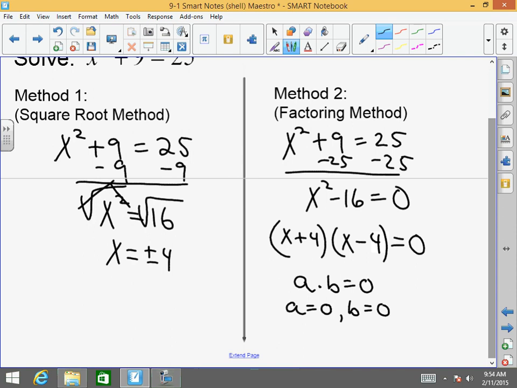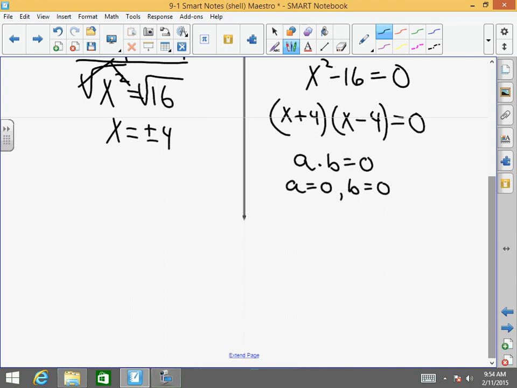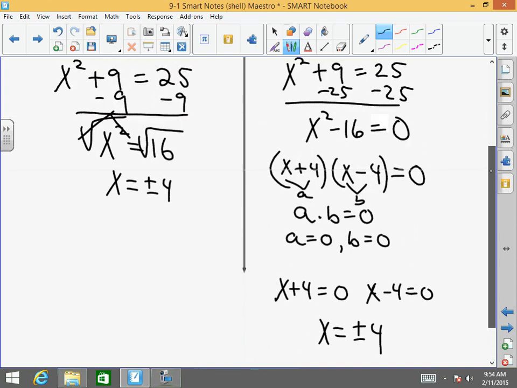So in this particular case, my x plus 4 is A, my x minus 4 is B. So I can set x plus 4 equal to 0 and x minus 4 equal to 0, and x will still equal plus or minus 4. I don't care which way you use. I'm just here to teach you the possibilities. Okay?